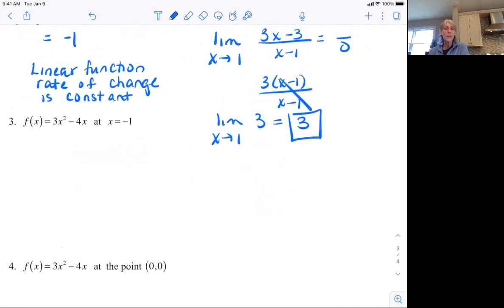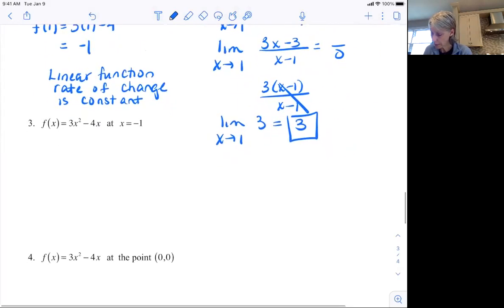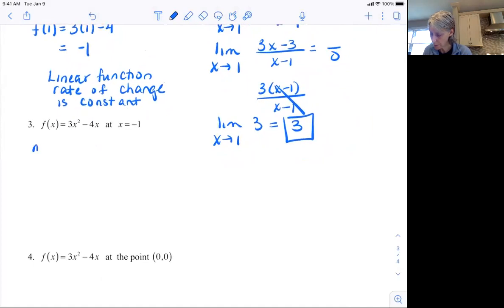If f(x) equals 3x squared minus 4x, and we want the slope of the tangent line, or the instantaneous rate of change, when x equals -1. Maybe running out of room here. I'm going to set it up over here. The slope of the tangent line equals the limit as x approaches -1 of f(x) minus, well, what do I get when I plug in -1?